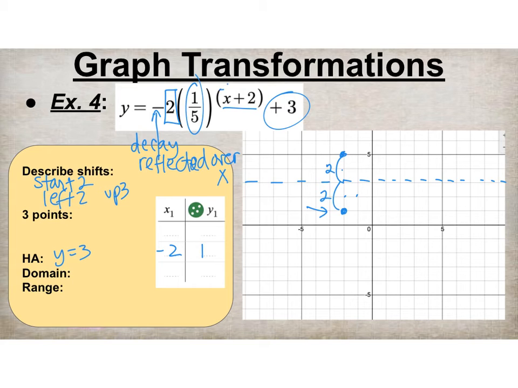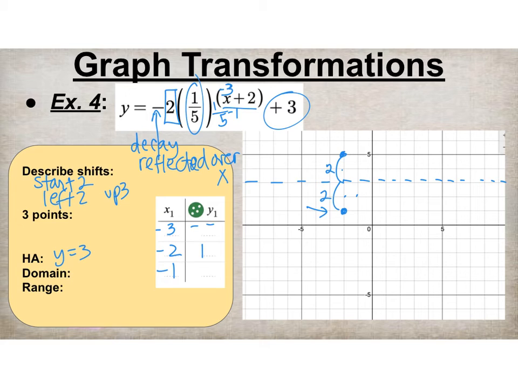If I plug it in and check, that's going to give that 0. 1/5 to the 0 is 1. -2 plus 3 is 1. So that's a correct point. Then I'm going to pick -3 and -1 to work with. So -3 would be a -1. 1/5 to the -1 is 5. 5 times -2 is -10.